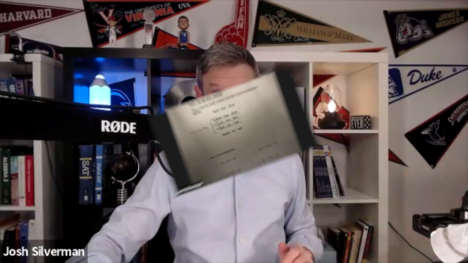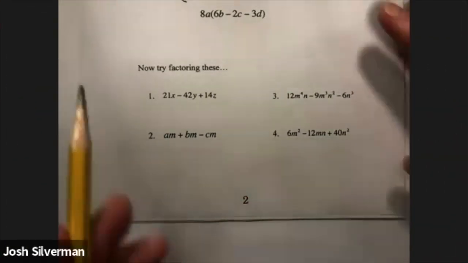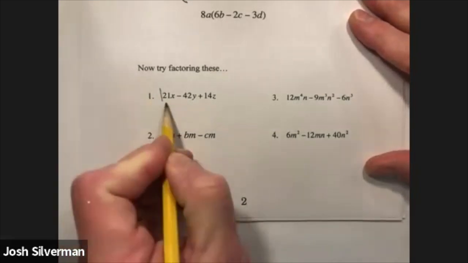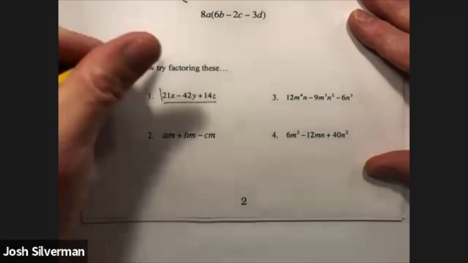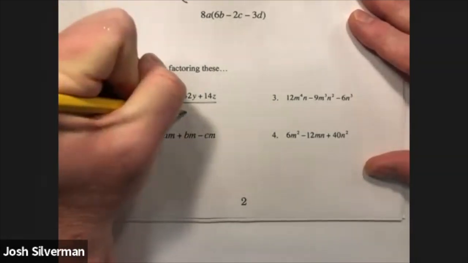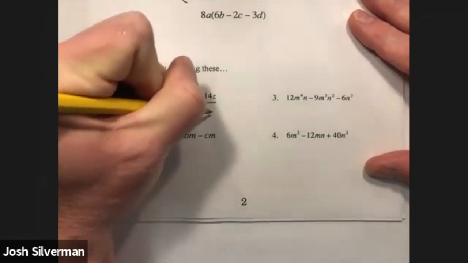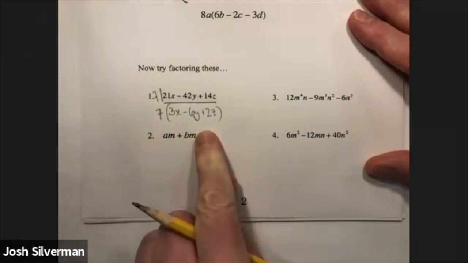Let's do a couple. Number 1. What can all 3 of those terms be divided by? Well, they could all be divided by a 7. 3x minus 6y plus 2z. And this is how you write your final form.